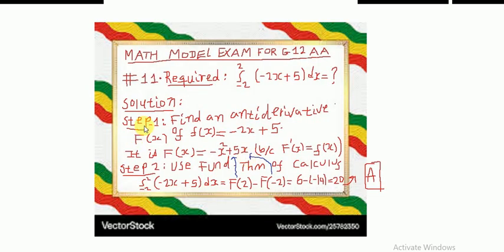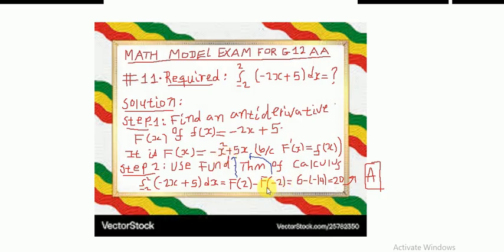This is step 1. Step 2, we use the fundamental theorem of calculus to get the final result. We evaluate this capital F of x, the antiderivative, at 2 and at -2, and we take the difference of these values. Evaluating -x squared plus 5x at 2, we get -4 plus 10, which is 6.